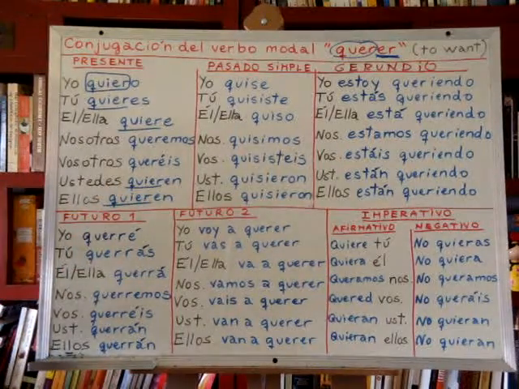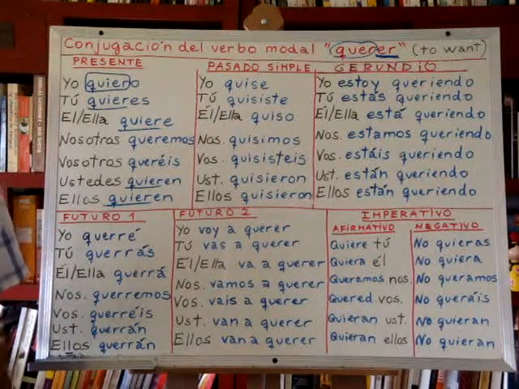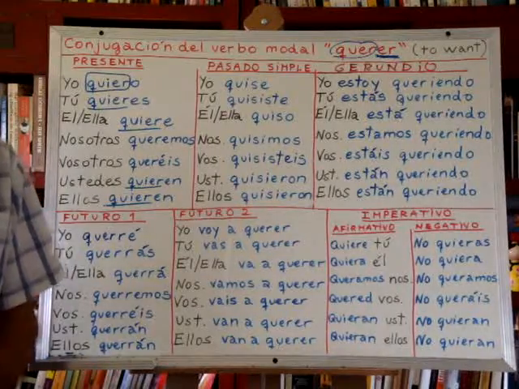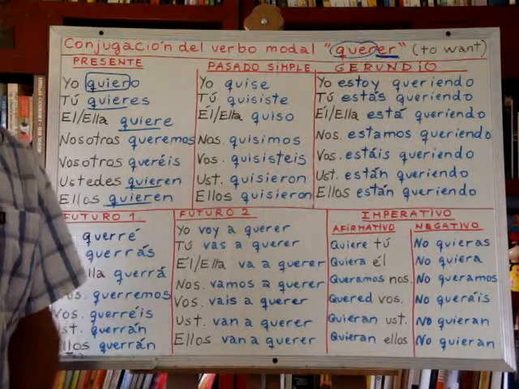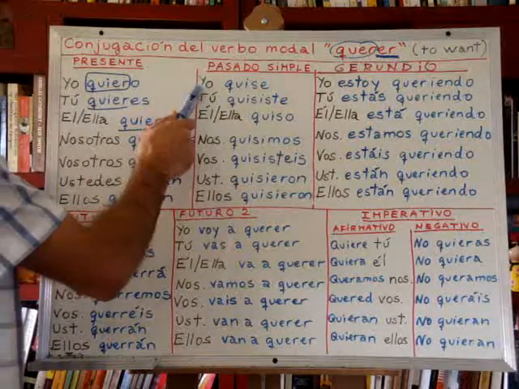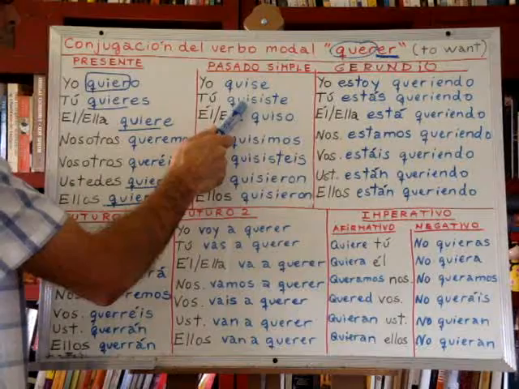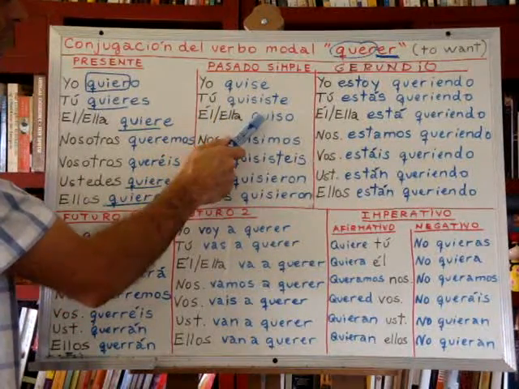Okay? Now let's jump into the simple past, or pasado simple, or as it is also called in Spanish, pretérito indefinido. Okay? Yo quise. Tú quisiste. Él or ella quiso.